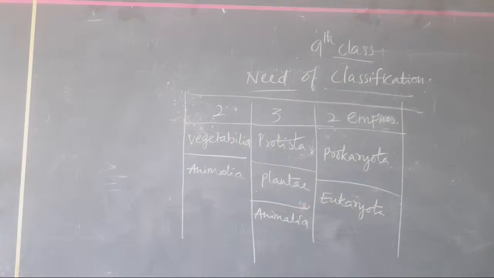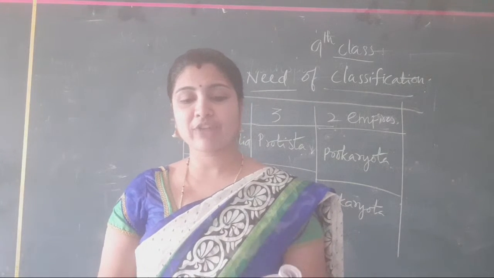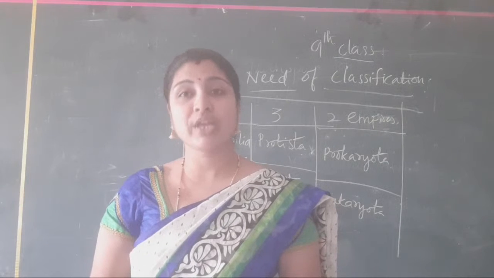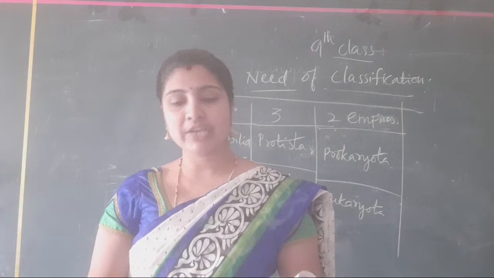Okay students, Whittaker in 1969 divided into 5 kingdoms: Monera, Protista, Plantae, Fungi and Animalia.